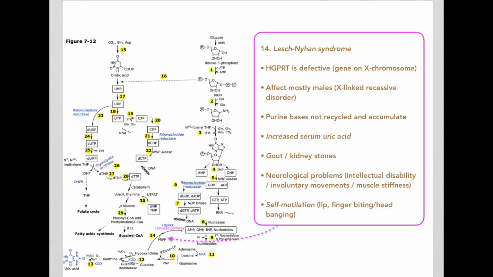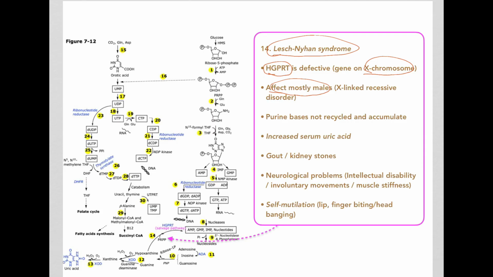So there is a very important genetic disease called Lesch-Nyhan syndrome. In this disease, the enzyme of the salvage pathway, HGPRT, is defective. The gene for HGPRT is present on the X chromosome, and therefore this disease affects mostly males because they have only one X chromosome. So this is an X-linked recessive disorder.